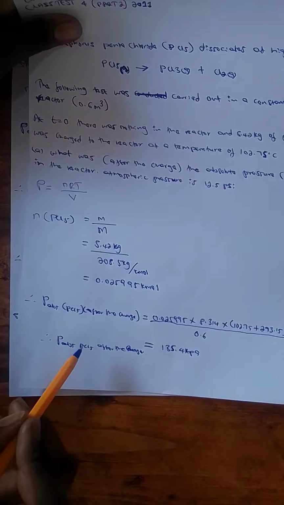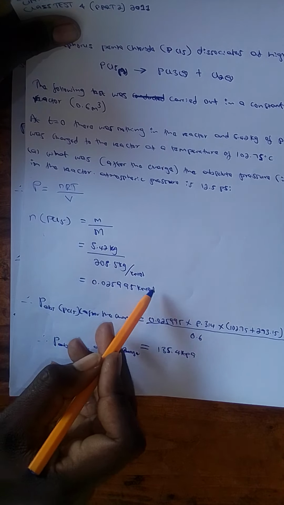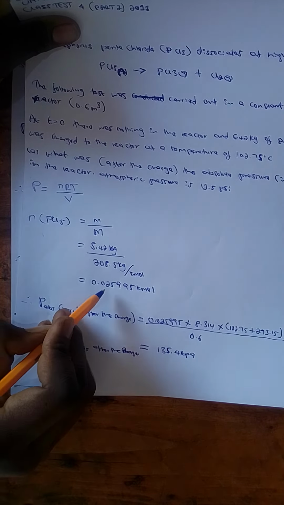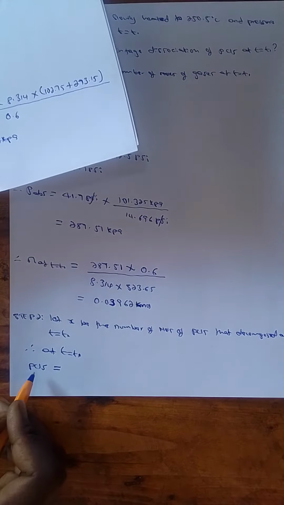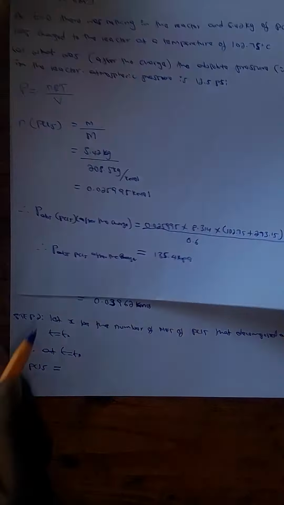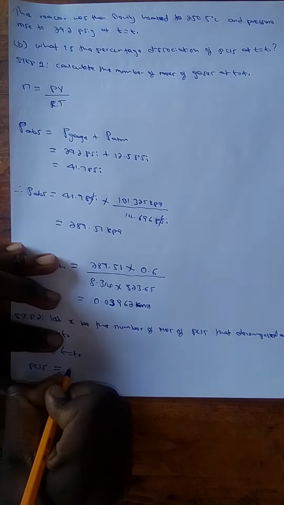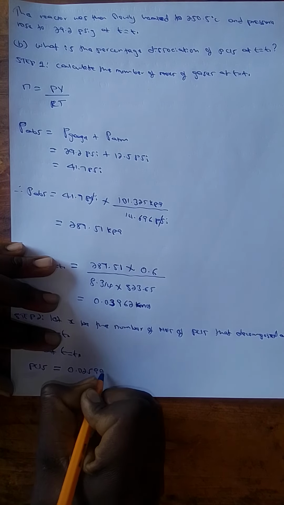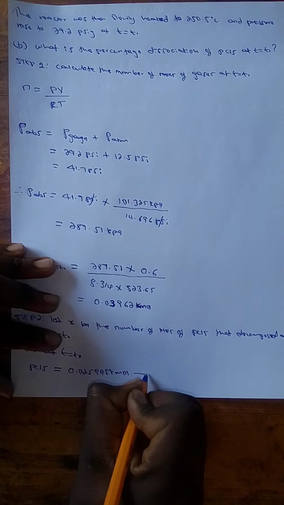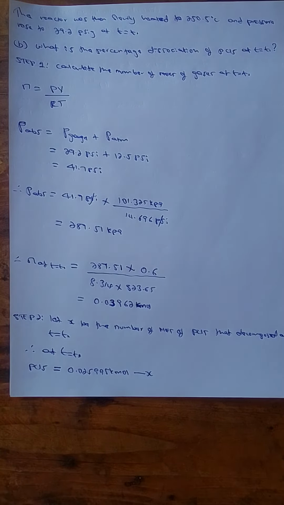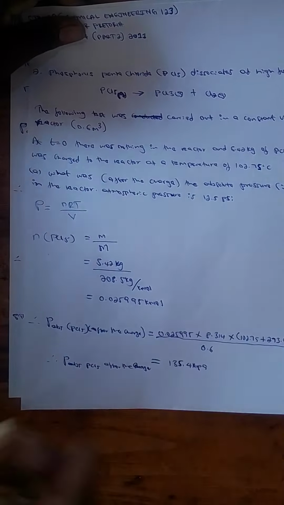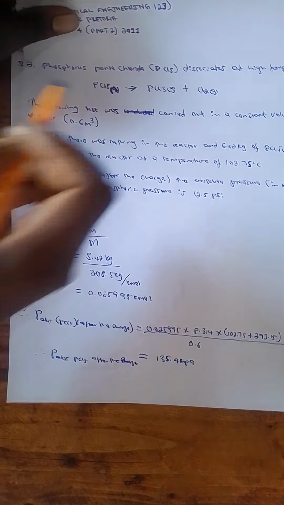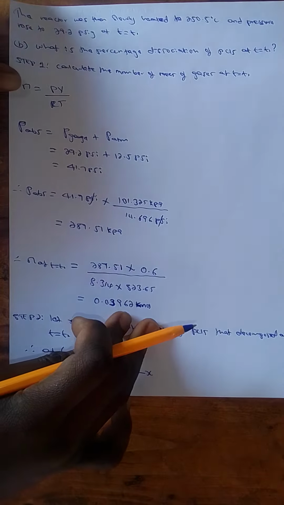Originally this was the PCl5, but we know that X amount of this PCl5 did decompose. So at T equals T1, total PCl5 is equal to this number minus X, so it's 0.025995 kilomole minus X. X is what has decomposed. And then, going back to the chemical reaction equation, we can also check that, let me bring a new page.